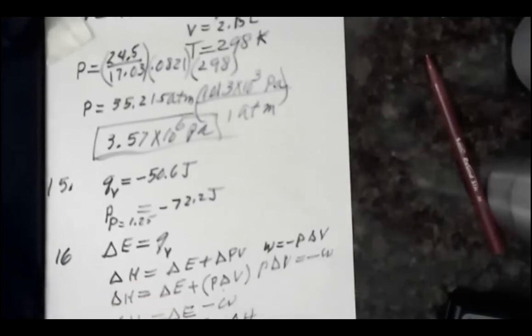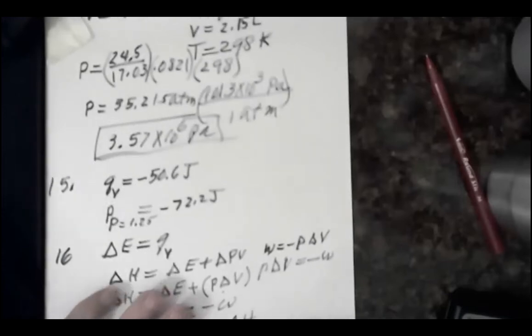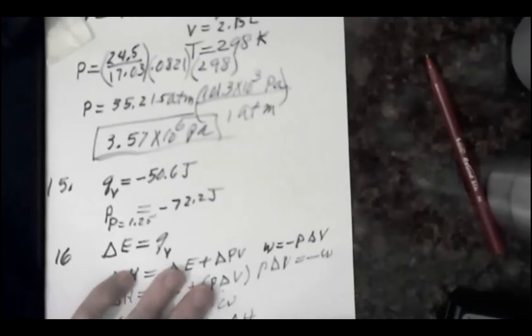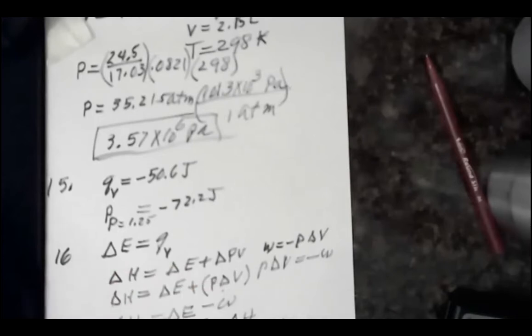Now, I'm given a problem that when we're at constant volume, Q at constant volume is delta E. So that's minus 50.6, minus the delta H value, which is the Q at constant pressure. That was minus 72.2. So this times this minus is plus.